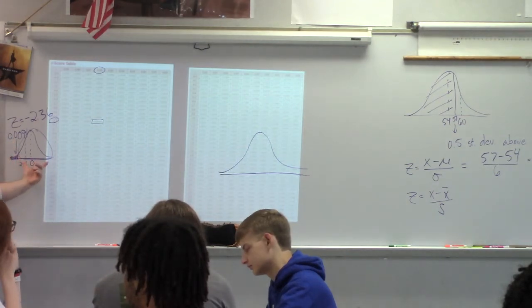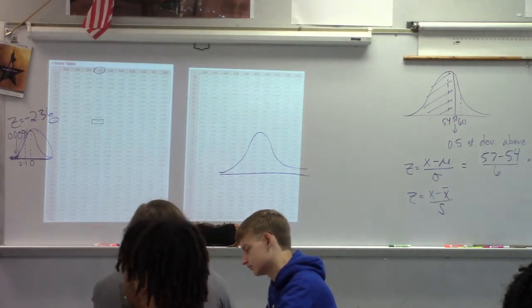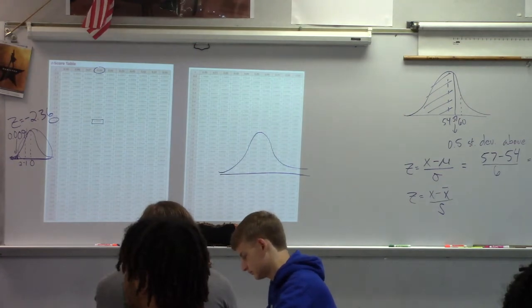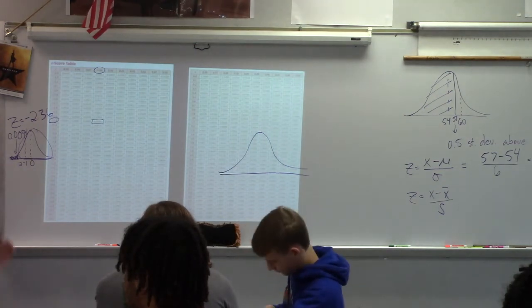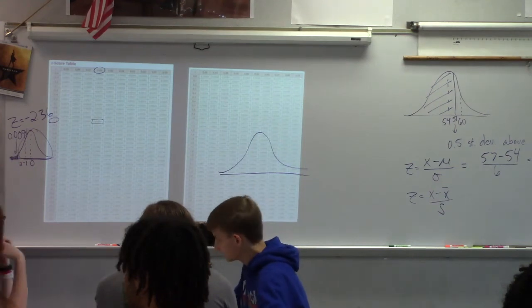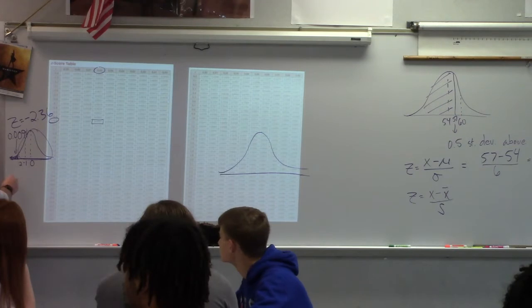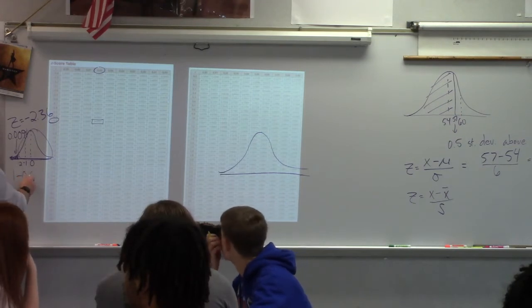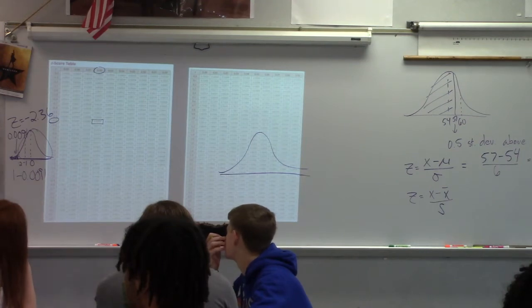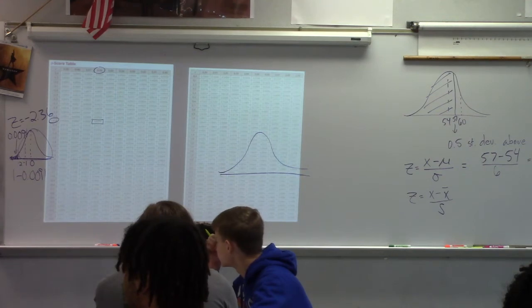Remember, the area of the whole curve is 1, which goes with 100%. So if I want what's to the right, I would do 1 minus 0.0091. I can then convert that to a percentage, but we need to be aware that we're only getting areas to the left, so if we want stuff to the right, that's what we have to do.